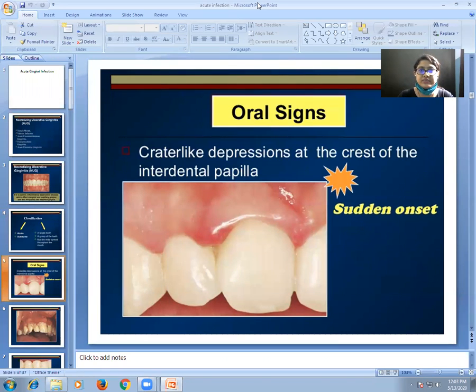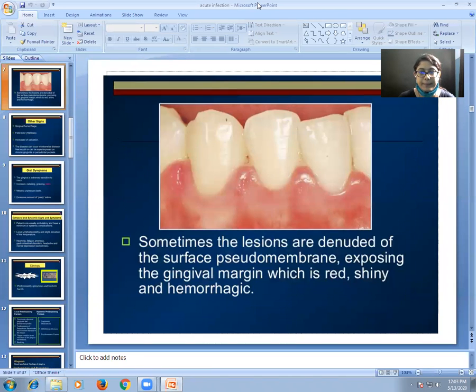So what is the first sign of the gingivitis? Mainly, crater-like depressions are present in the interdental papilla. The onset of this disease is sudden, with crater-like depressions at the crest of the interdental papilla. Sometimes the lesion gets denuded.